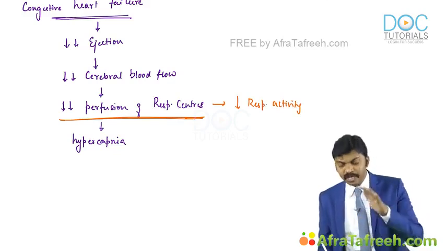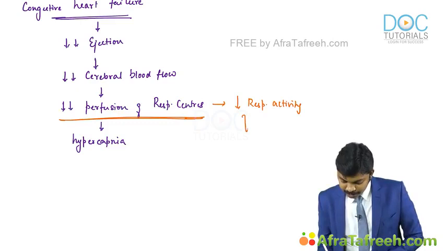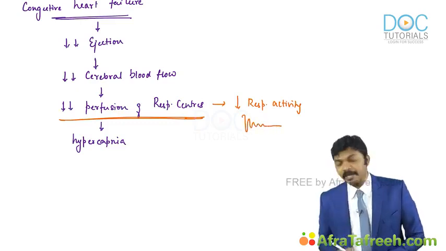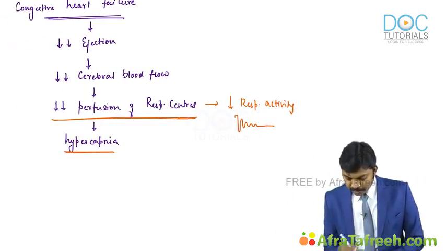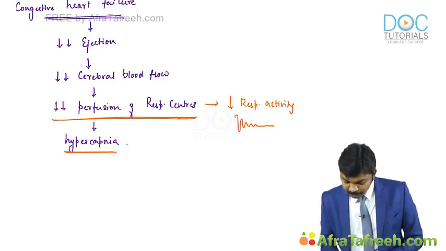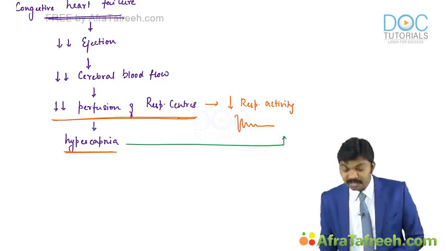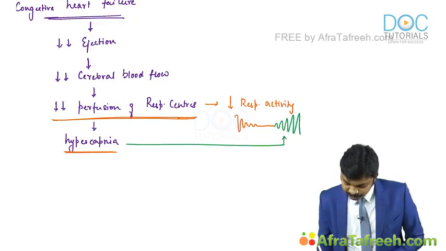The respiratory pattern comes to a progressively declining state. So the respiratory activity gradually decreases, culminating in apnea. With apnea, there is accumulation of carbon dioxide leading to hypercapnia. So the accumulated carbon dioxide triggers the respiratory center. So gradually there will be an increase in amplitude of respiratory movements.